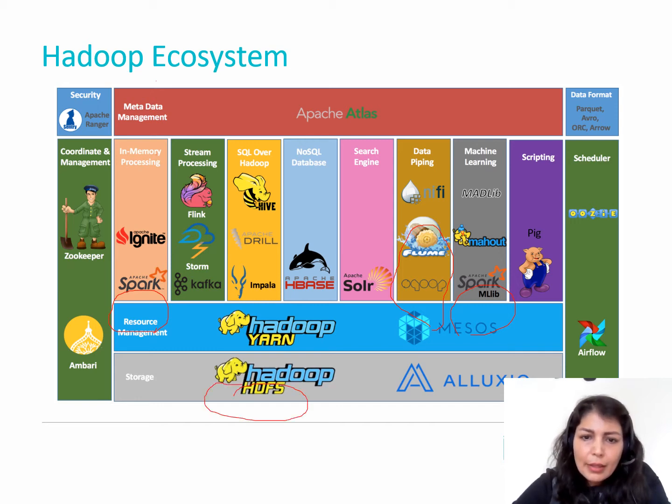HDFS and HBase store data, Pig, Impala, and Hive analyze data. Hue helps to explore data. Oozie is responsible for scheduling workloads of Hadoop jobs, and Zookeeper is responsible for coordination and management.